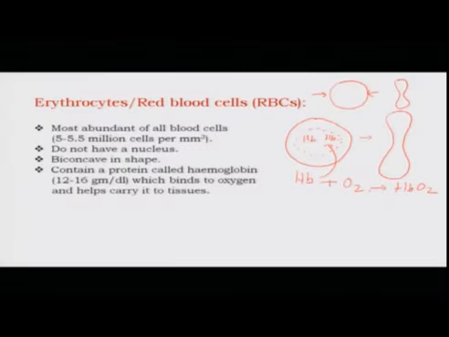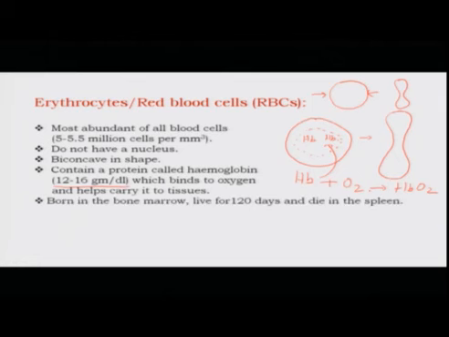And in this way, when the blood flows into different tissues, the oxygen is carried along with the hemoglobin and distributed all over the body. And the normal concentration of hemoglobin that is present in a normal individual is about 12 to 16 grams per deciliter.